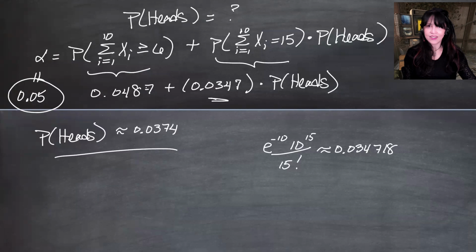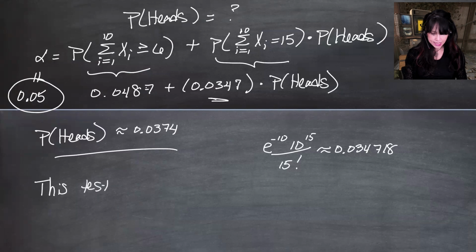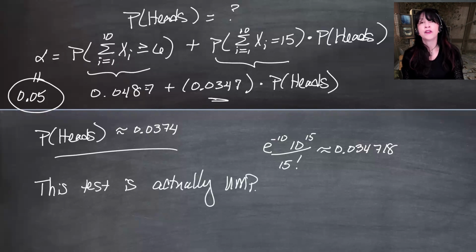But it turns out, and I'm not going to prove it, that this procedure here with this randomization, this test is actually UMP, uniformly most powerful. There is a different, more general version of Neyman-Pearson.